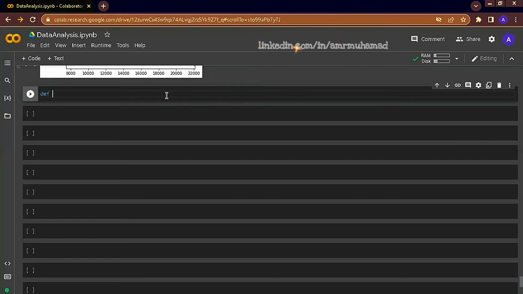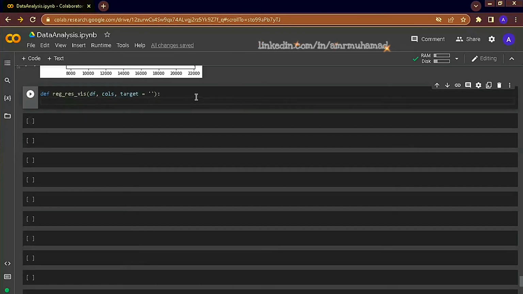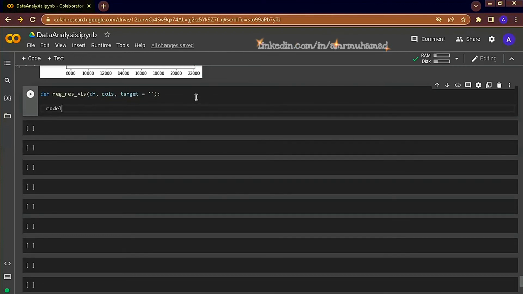So we will name our function res_visualize, regression residual visualize, and this function takes in a data frame, columns, and also a target value. So the target value we will keep as an empty string. Okay, so we want our function first to build a model. So model equals statsmodels OLS.